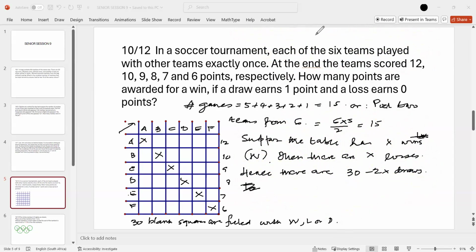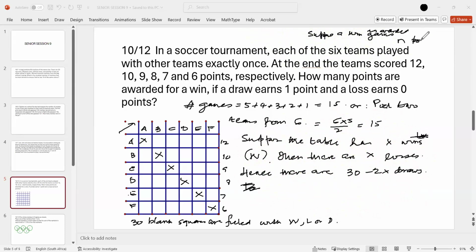Suppose a win gains, or is awarded, well, we don't know what it is. We call it N points.